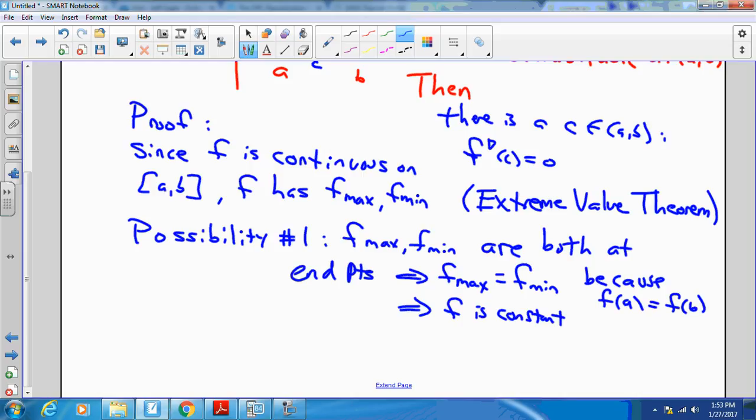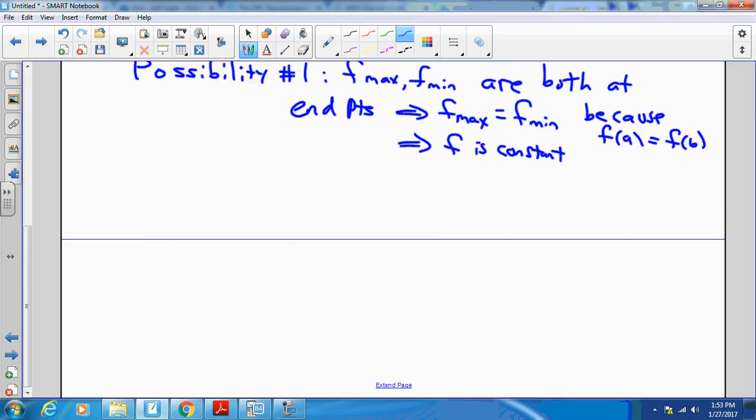The logic here is very similar to the squeeze theorem. If f is always between its max and its min, and if those two are equal, then f is always equal to the constant value. Okay? Well, if f is constant, then what is f prime? 0 for every value of x.